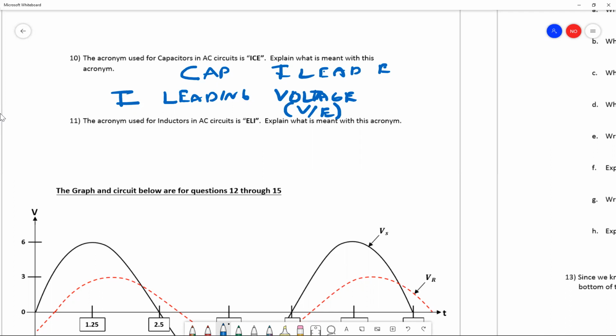That means that when you have a capacitive circuit, either a circuit with a single capacitor or a circuit with more capacitive impedance than inductive impedance, you'll have your current angle being higher, more positive than your voltage angle.